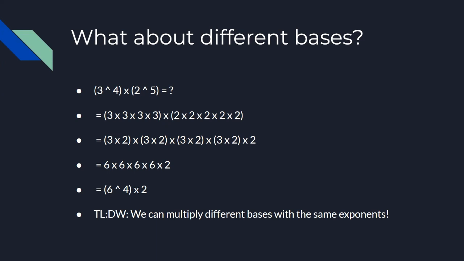Each of those little parentheses had the same product in it: the first base times the second base gives us the third base. So, too long didn't watch: it looks like we can multiply different bases if they have the same exponent. We had to pull out a 2 so that it would be 3 to the 4th and then 2 to the 4th.